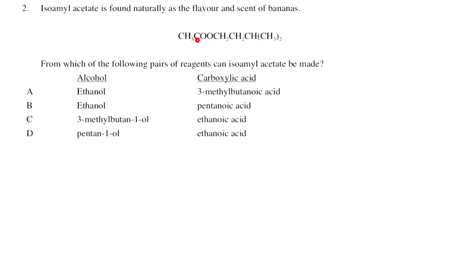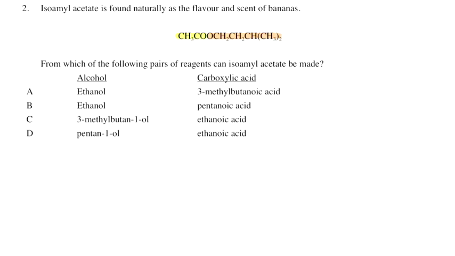So this carbon should be double bonded to this oxygen and then single bonded to this oxygen. So this part is a carbonyl group, and this part should come from the carboxylic acid. So again, I will use yellow to represent the part from the carboxylic acid. The remaining part should come from the alcohol, so I use orange to highlight it.